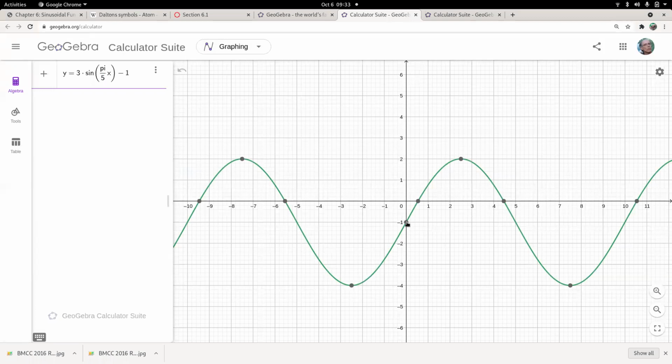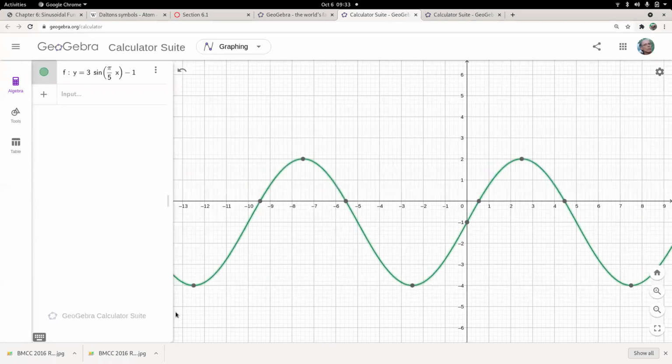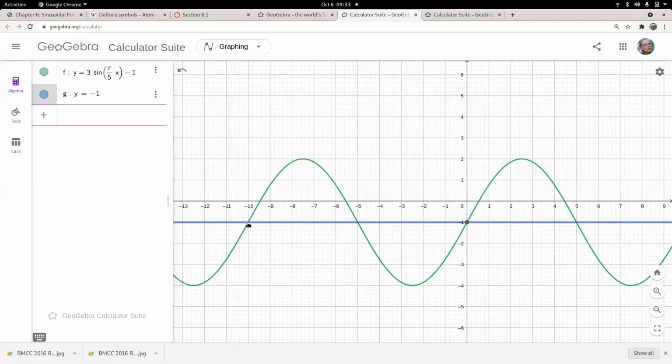I was hoping for the point 0, -1. If I scoot over here, I was hoping for the point, there it is. Over here, negative, it's not going to give me the point easily. To get that point, I can just graph y equals -1. And then I can get that point right there of intersection.